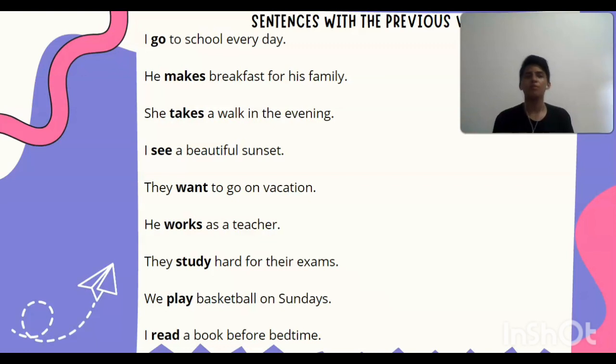Homework. You make 3 sentences in present simple with all forms of the expression. For example, 3 sentences in affirmative form, 3 sentences in negative form, and 3 sentences in interrogative form.